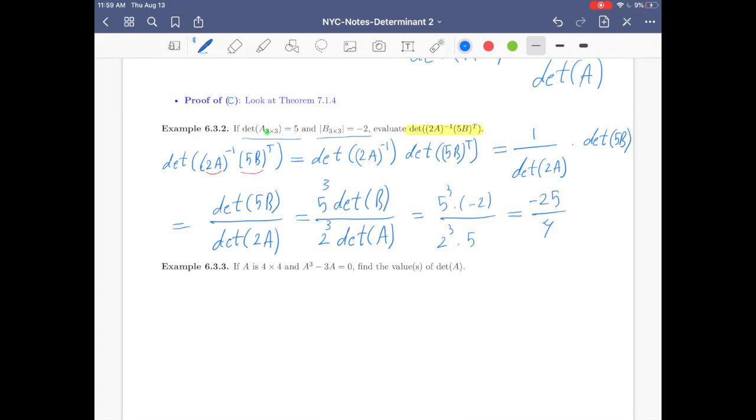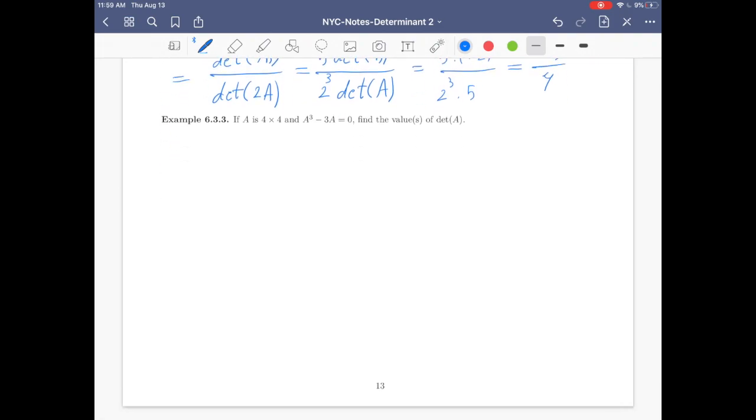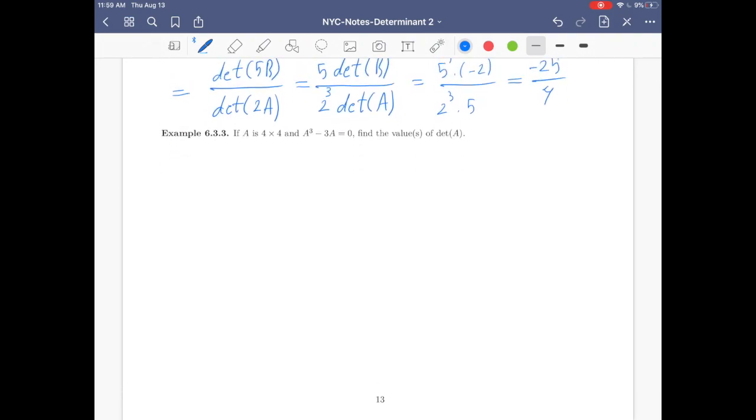Example 6.3.3. If A is 4 by 4 and A cubed minus 3A is 0, find the values of the determinant of A. Well, first of all, a common mistake that sometimes happens, people write the determinant of A cubed minus 3A equals the determinant of A cubed.